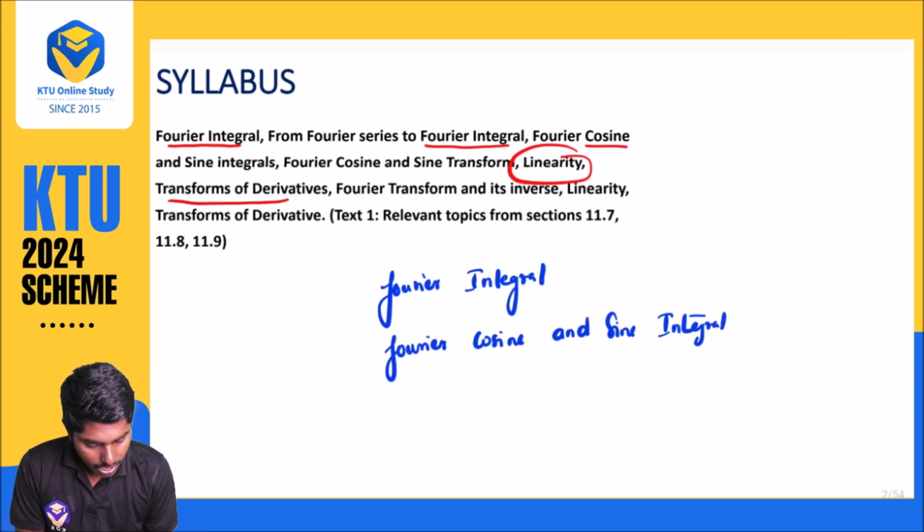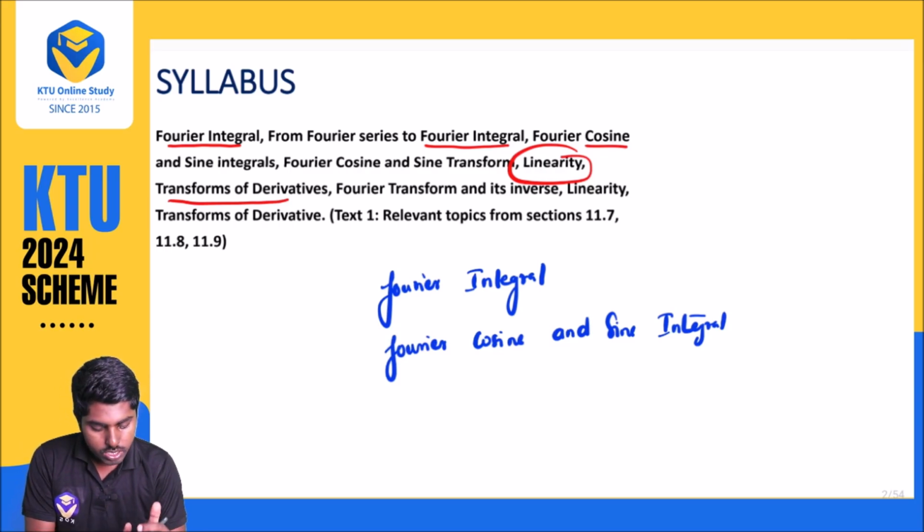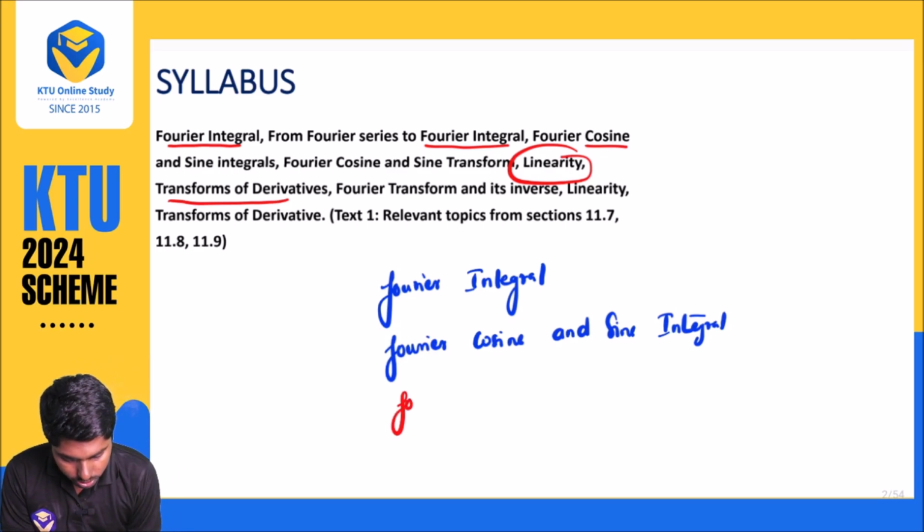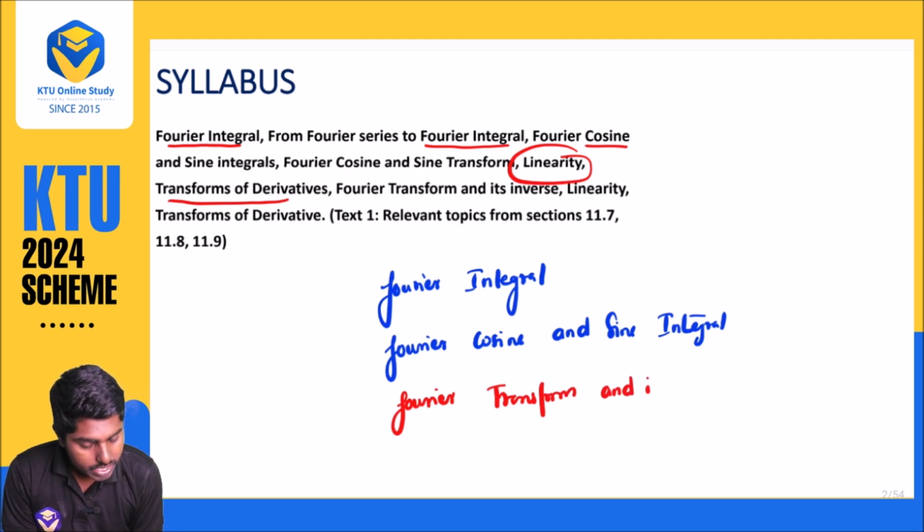Now, after knowing the Fourier integral and the Fourier cosine and sine integral, we will move on to the Fourier transform and its inverse, that is the inverse Fourier transform.